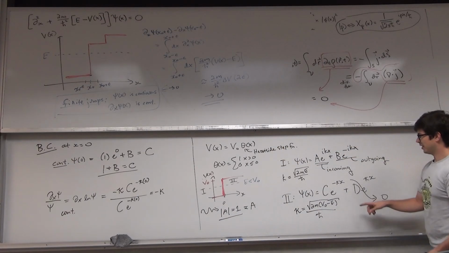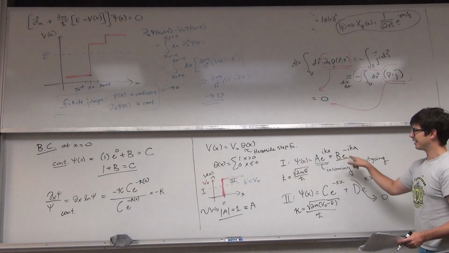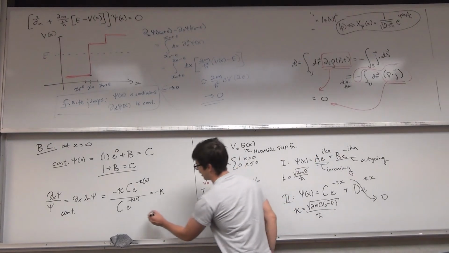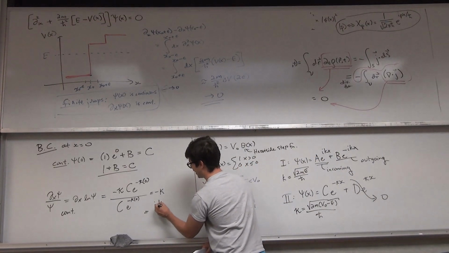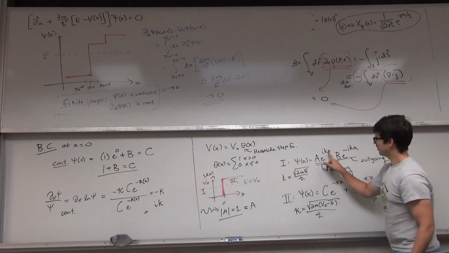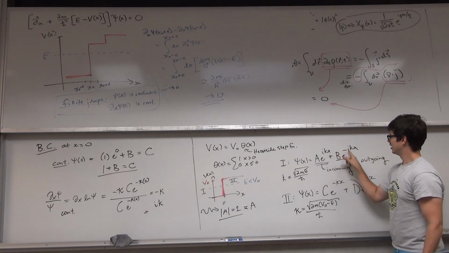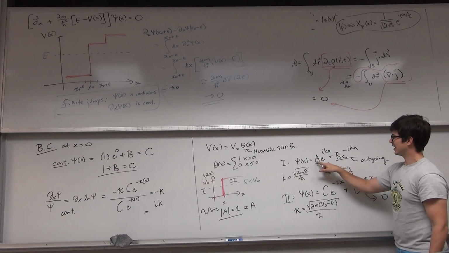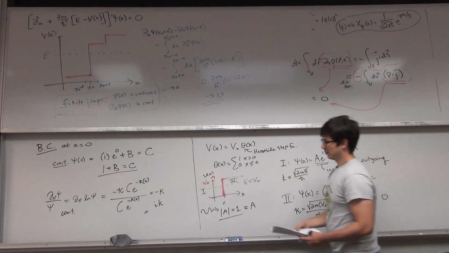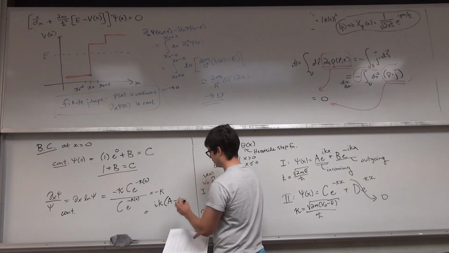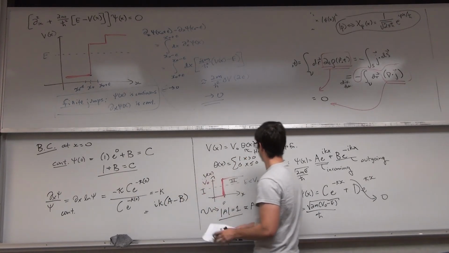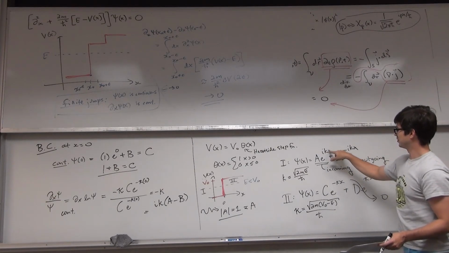And over here, with this guy, we pull down a factor of ik. When we take the derivative, this pulls down ik, this pulls down minus ik. So we get an a minus b type of deal, times the exponential parts, which is 0.